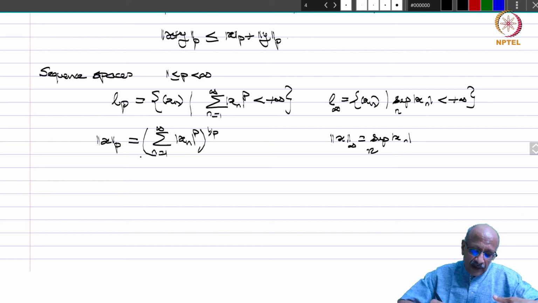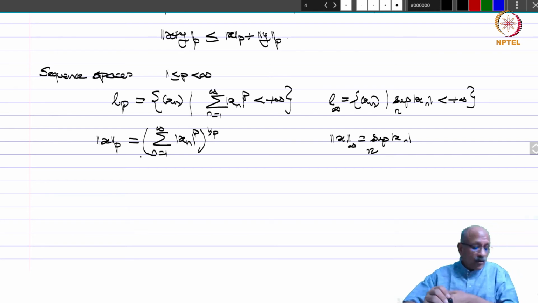All the other properties of the norm are obvious. So we will, in one stroke, prove that little ℓ^p is also a vector space, and simultaneously show that the norm ||x||_p satisfies the triangle inequality. So let us do that.